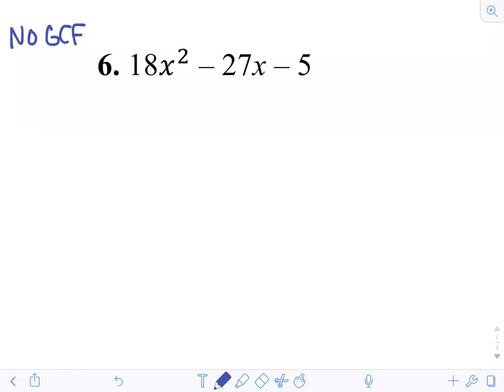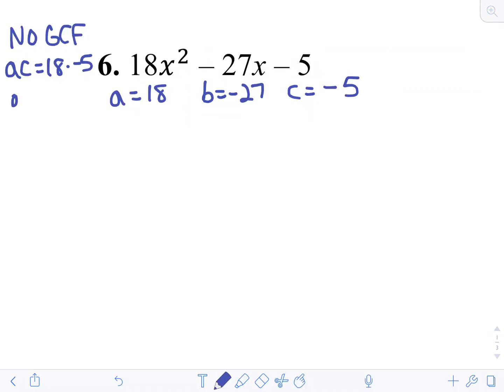Okay, next thing that I'm going to do is label my A, B, and C. A is equal to 18, B is equal to negative 27, and C is equal to negative 5. So AC method is 18 times negative 5, which is negative 90.